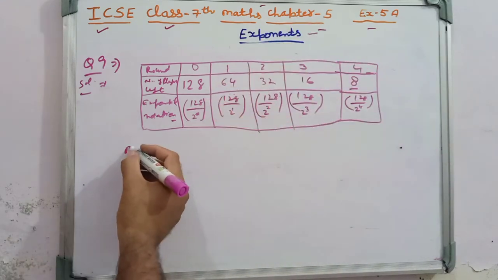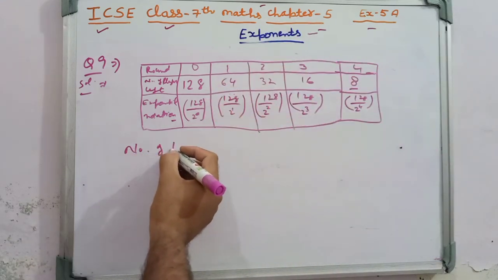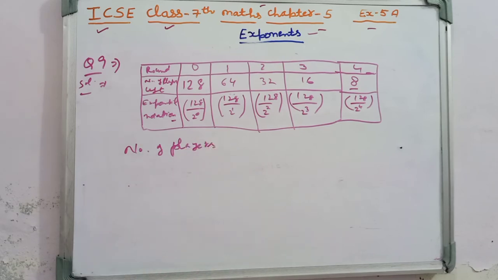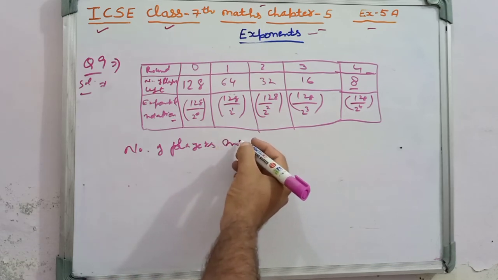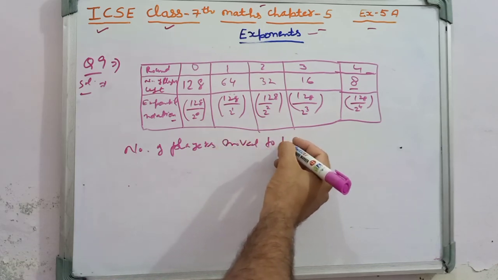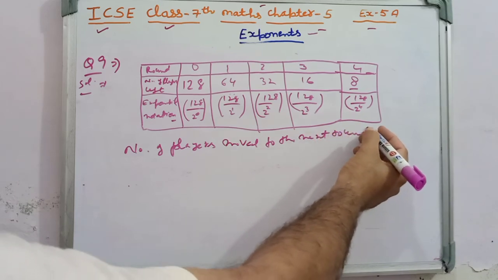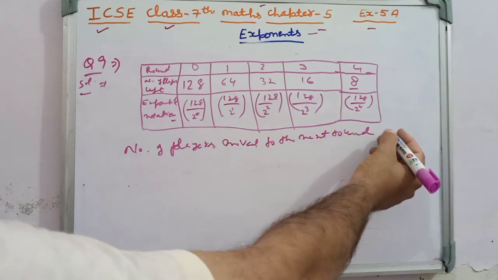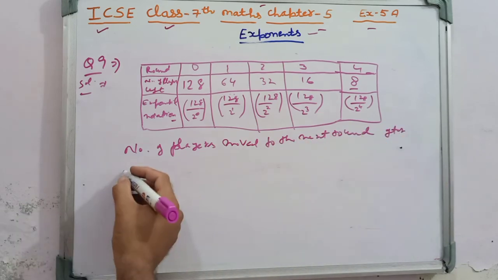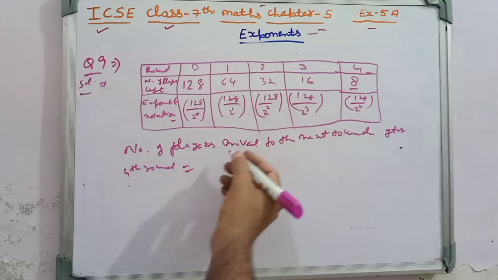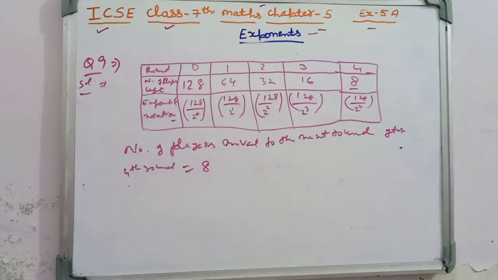The number of players moving to the next round after the fourth round will be 8, right?